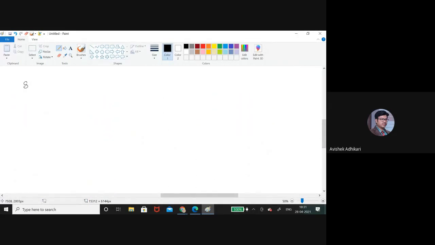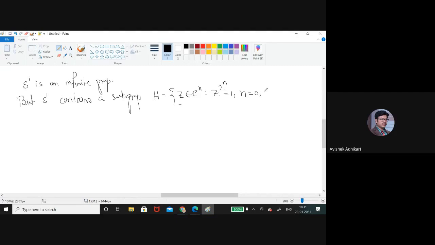So S1 is an infinite group, but S1 contains a subgroup H which is of the form all such z belonging to C star such that z to the power 2 to the power n equals 1, where n varies 0, 1, 2, and so on. S1 contains a subgroup H which is not cyclic.